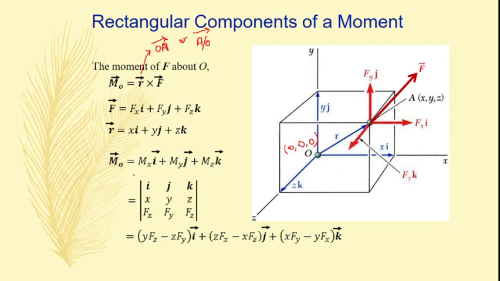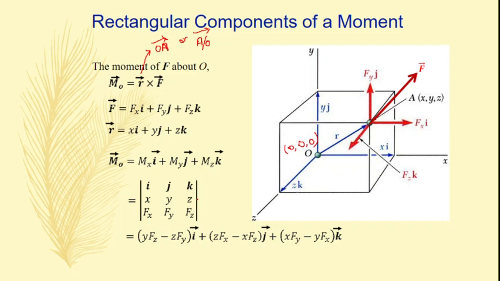Then we can write the moment vector as Mx i plus My j plus Mz k, where Mx, My and Mz are the components of moment about the x, y and z directions respectively. Also we can write the cross product in terms of a determinant, that is i j k, then r, that is x, y, z, and then Fx, Fy and Fz.